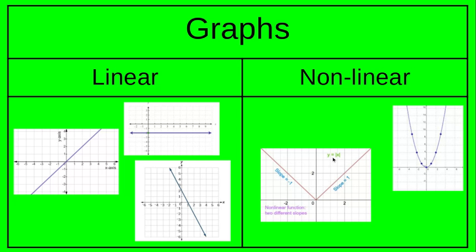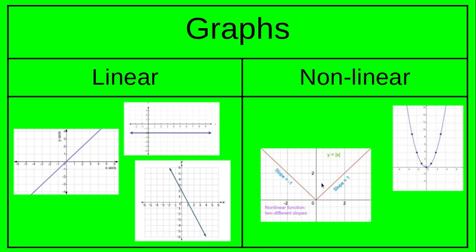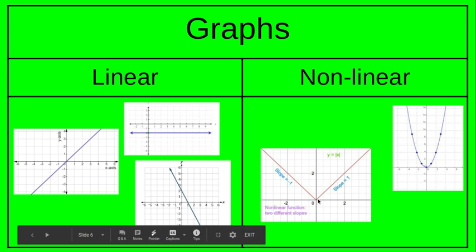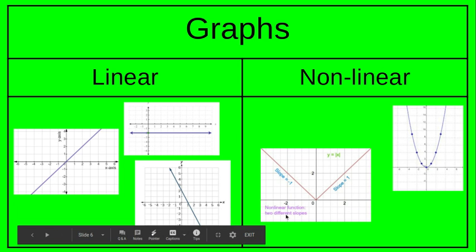So y equals the absolute value of x. The reason why this one is nonlinear, even though it is composed of 2 straight lines, is that it's not a continuous straight line. On the right-hand side from the origin up, the slope is 1. On the left-hand side, it's negative 1. 2 different slopes makes it a nonlinear function.